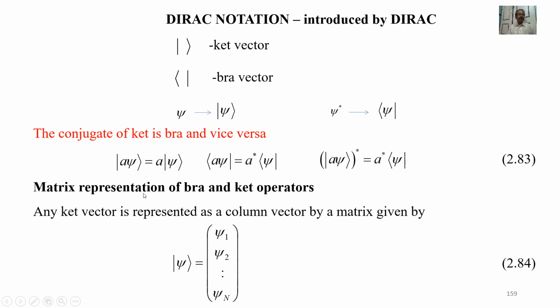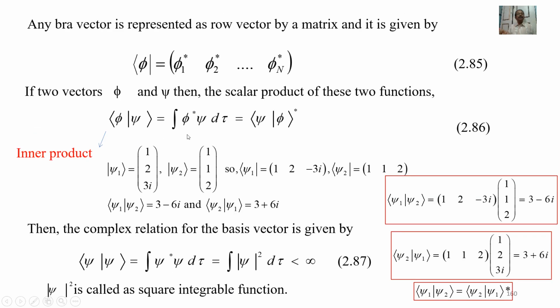Matrix representation of bra and ket operators. Any ket vector is represented as a column vector, we know already. So ket psi is equal to, in terms of a column matrix, psi 1, psi 2, up to psi n. Similarly, the corresponding bra vectors will be row vectors.